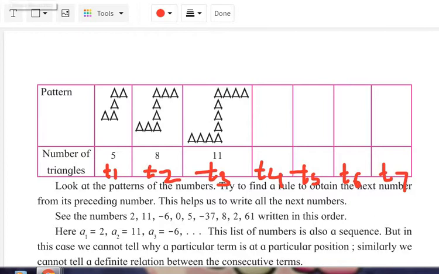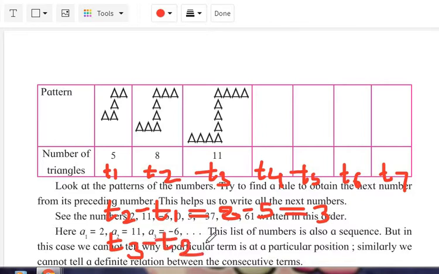Now see the difference between two terms, that is T2 minus T1. T2 minus T1 means the difference between two consecutive terms. That is 8 minus 5, and 8 minus 5 is 3. This difference is 3. Similarly, find the difference T3 minus T2.